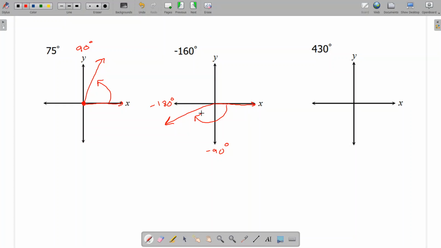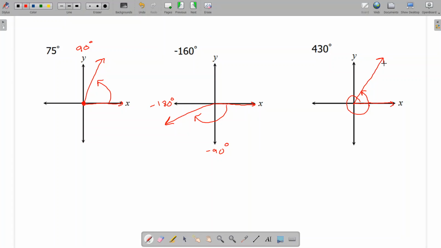Now, 430 means that we actually go around one full time and then some. So we're going to go around one full time, that's 360. Okay, so we need to think how much further we're going to get from 360 to 430. Well, that would be 70 more degrees, so it's going to end up about here.